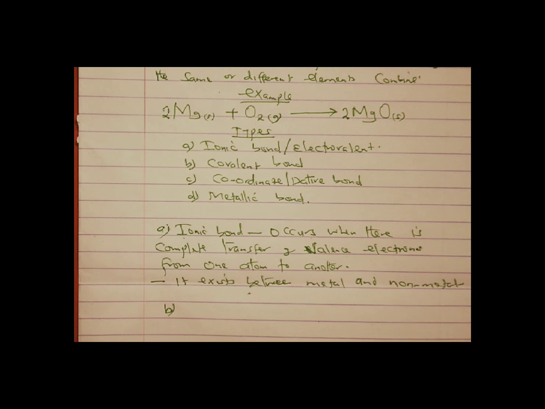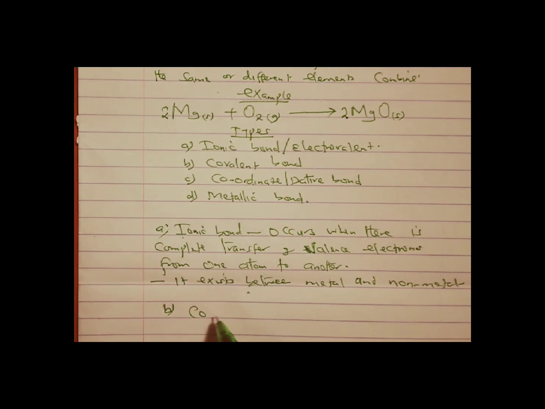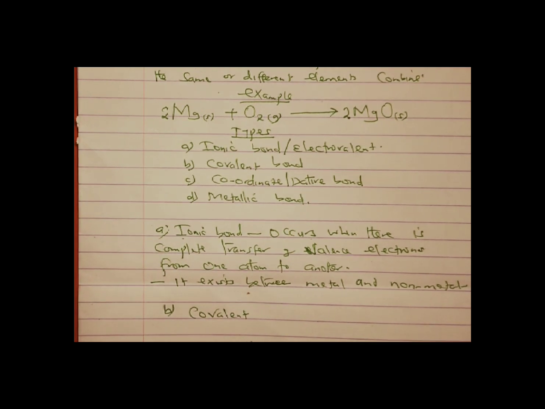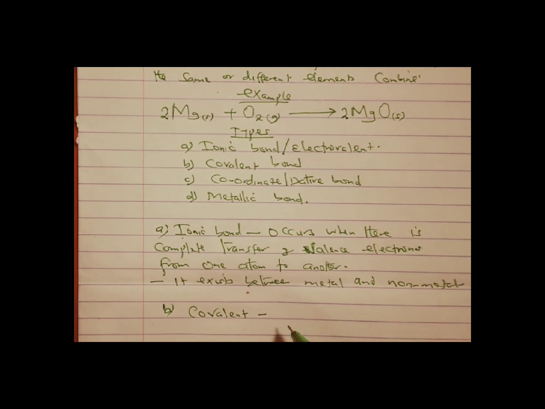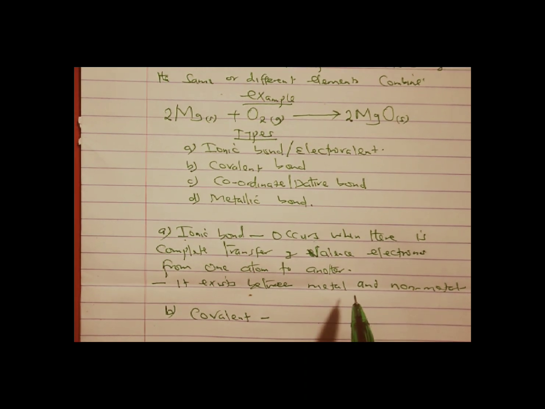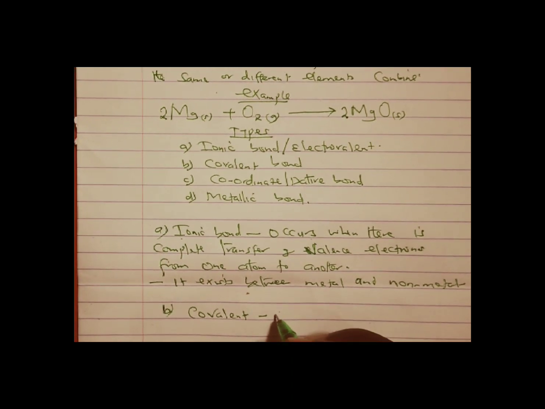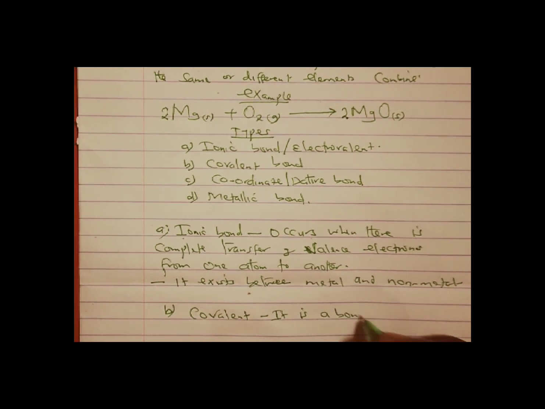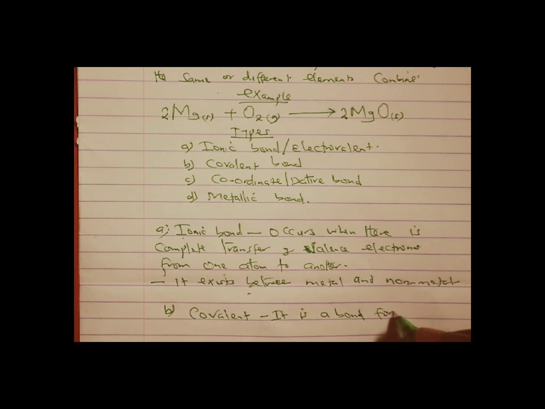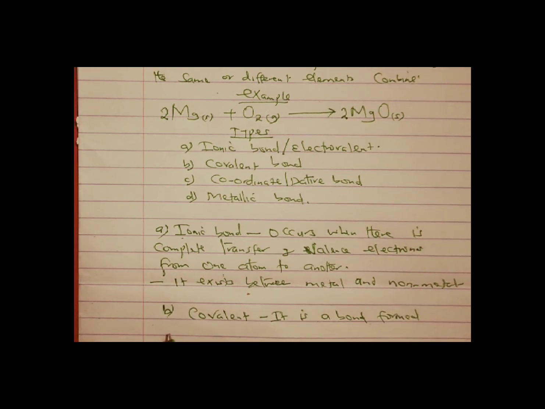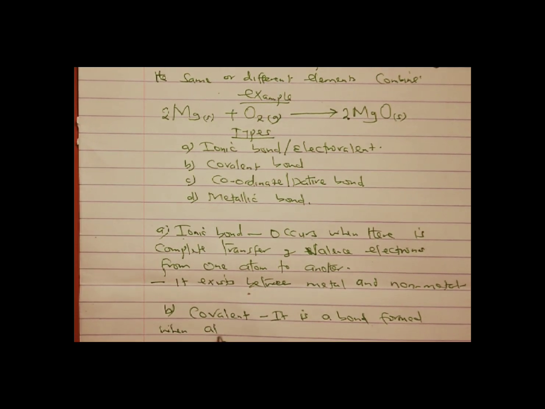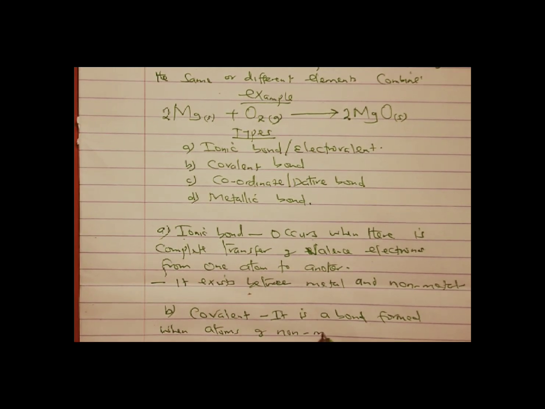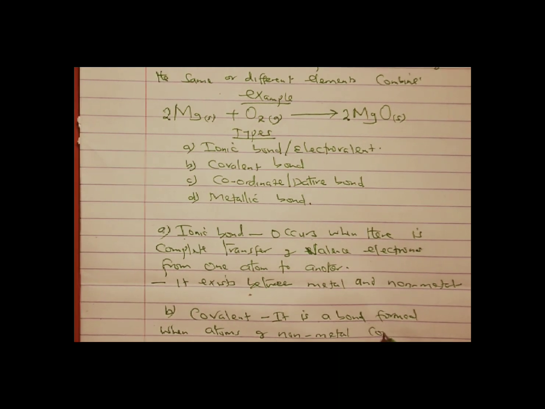Another type of bond we have is a covalent bond. And what is a covalent bond? This is a bond formed when atoms of non-metals combine.